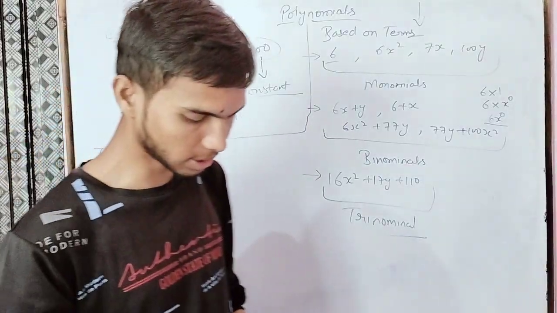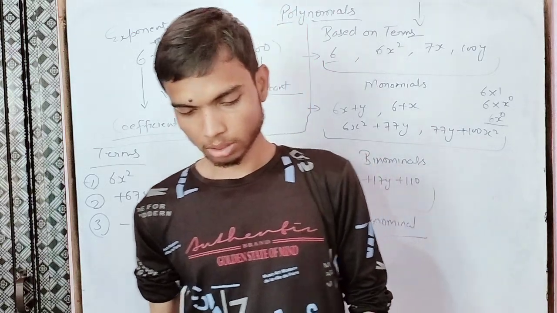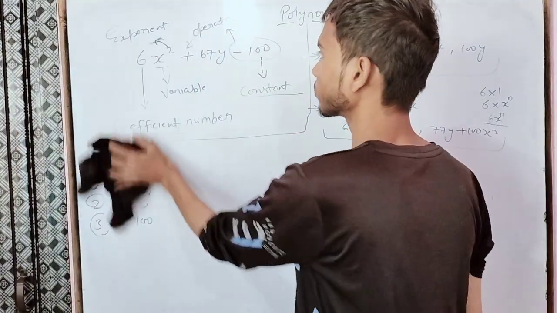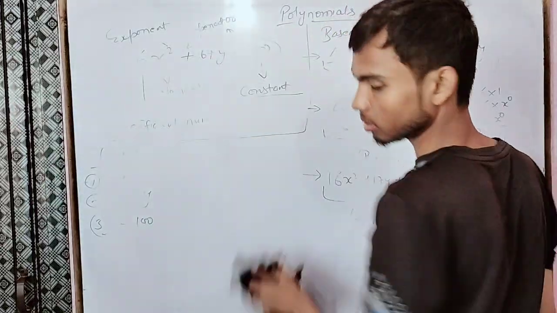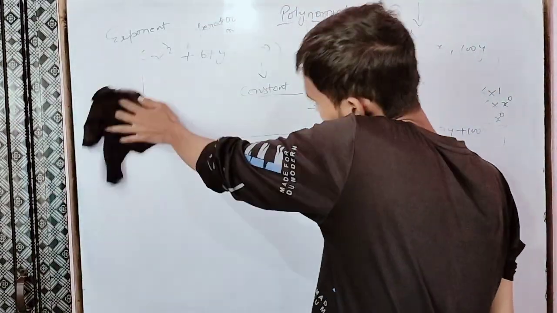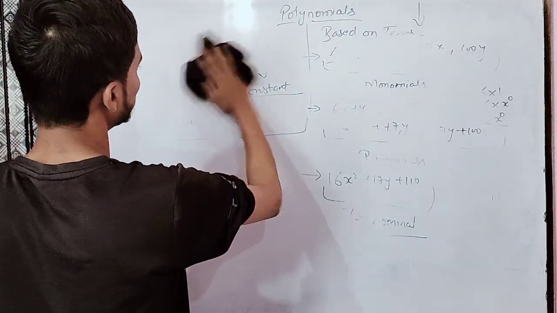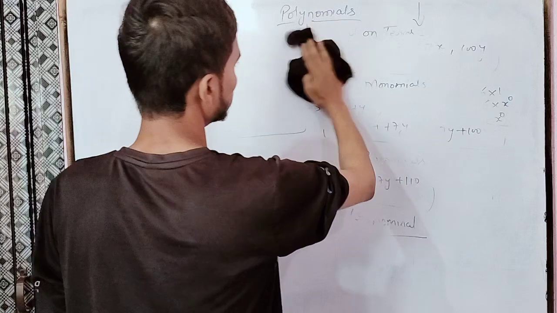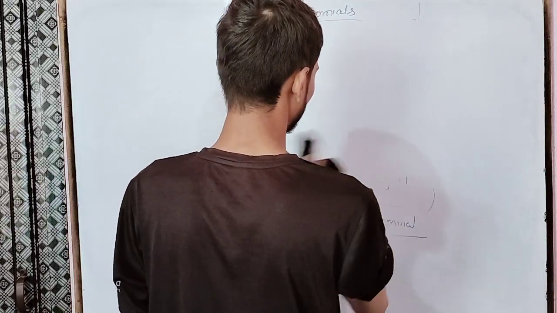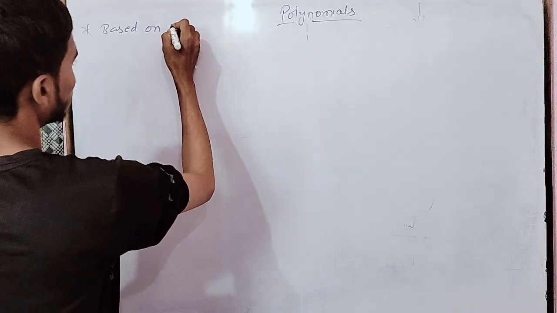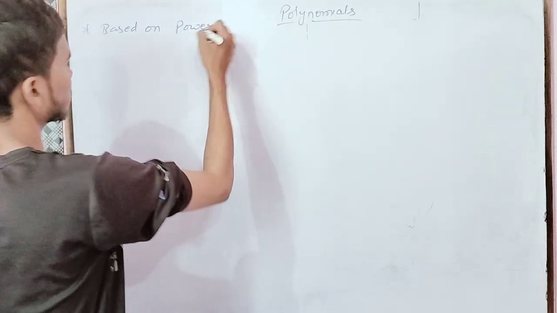Okay, now let's understand types of polynomials based on powers, based on exponents.